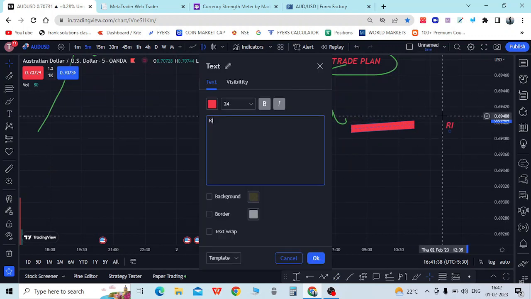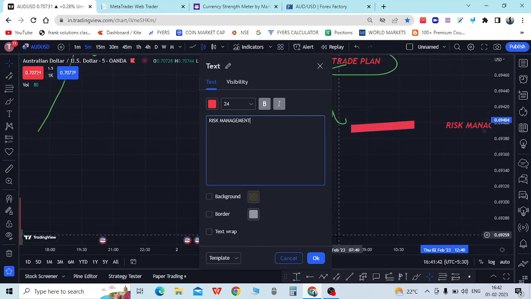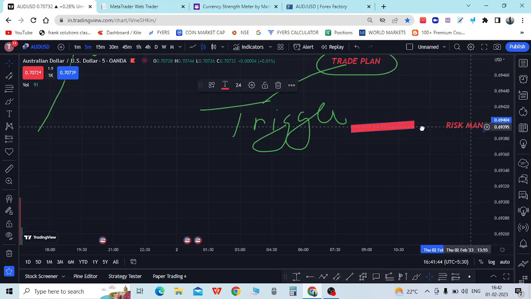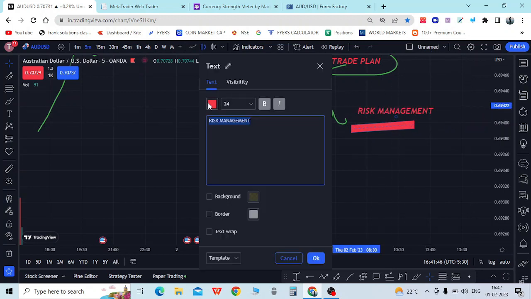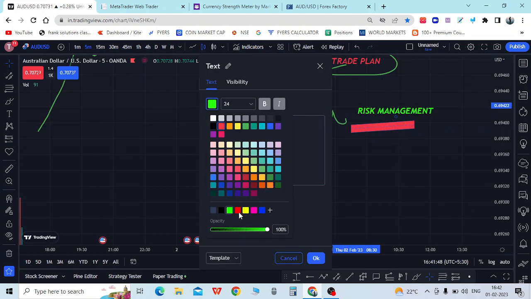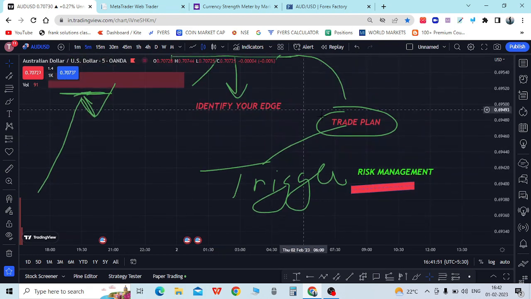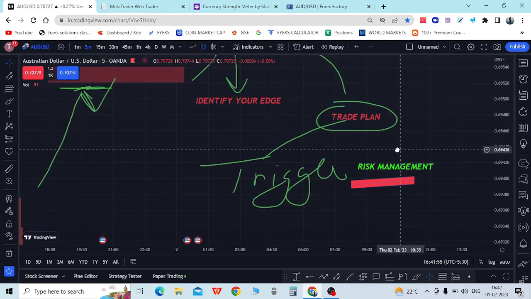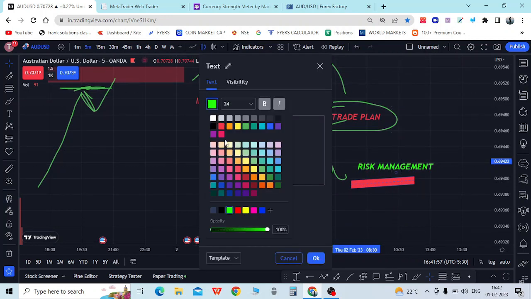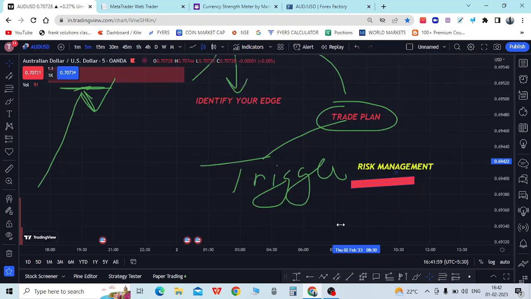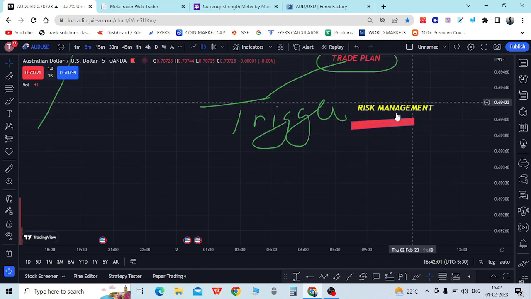If you do risk management, you will be profitable, because generally the most successful traders talk about risk management a lot. They don't talk about edge or trade plan, they talk about risk management, because this is the main topic. That's why I am keeping it in yellow color, because it is the most important thing.